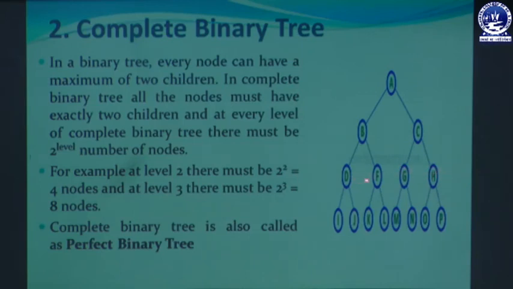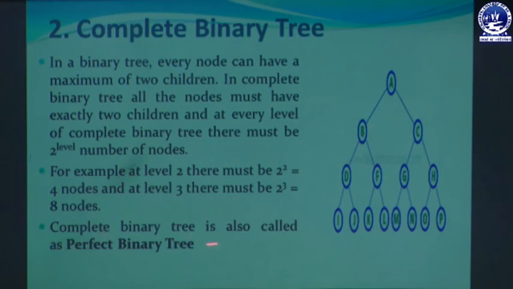In this level we are at level 3, so we must have 2 to the power 3 nodes, that is 8. So, 1, 2, 3, 4, 5, 6, 7, 8. So this is the complete binary tree.